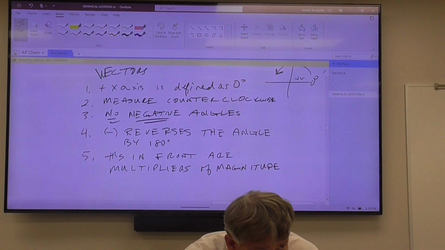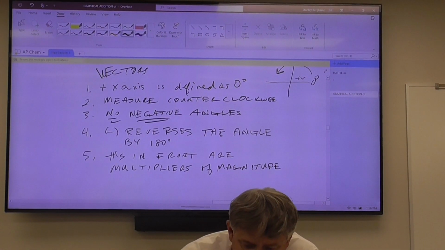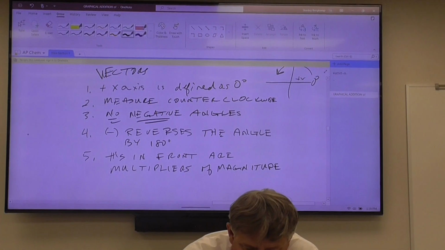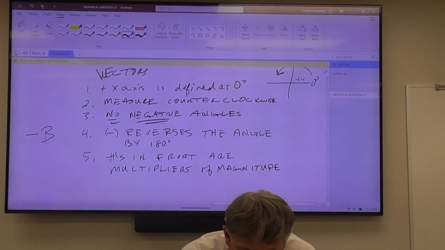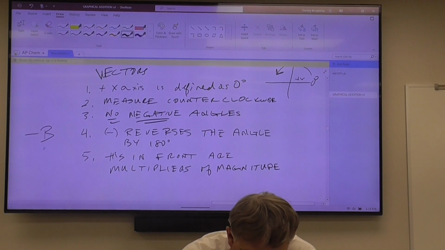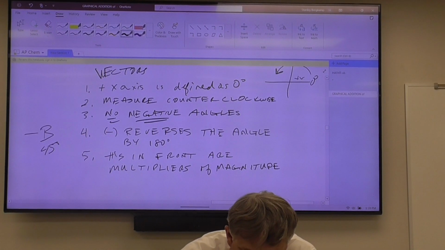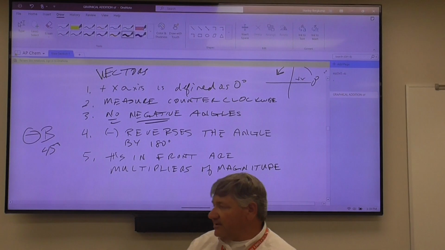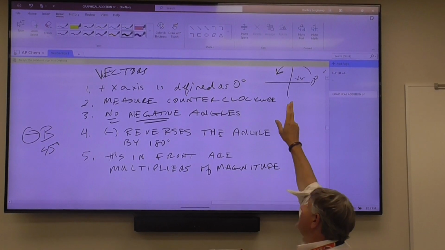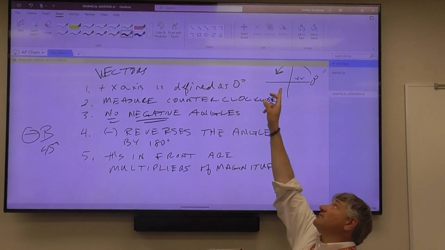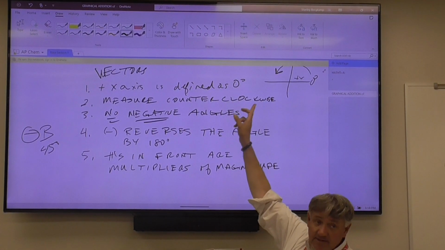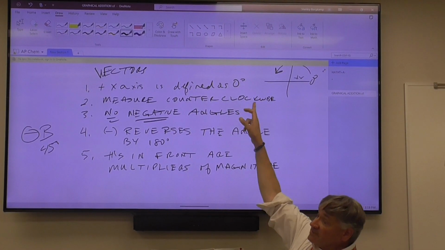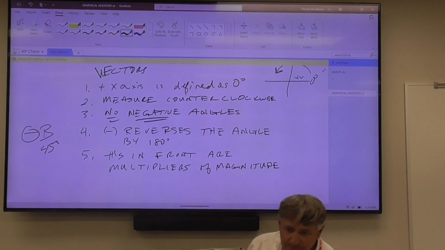And this will play out once you get into the assignment, if you see a negative in front of it, like let's say you have negative b, and b is at say 45 degrees. So if you have a negative in front of it, instead of drawing it at 45 degrees, you're going to draw it 180 degrees opposite, okay? So that would be literally, you just flip it around 180 degrees.